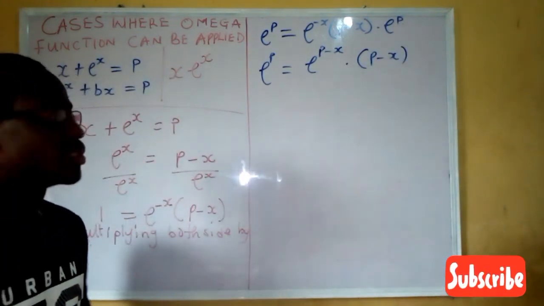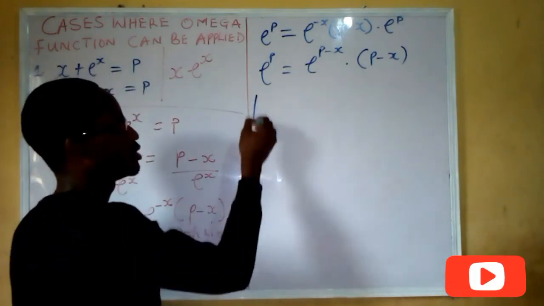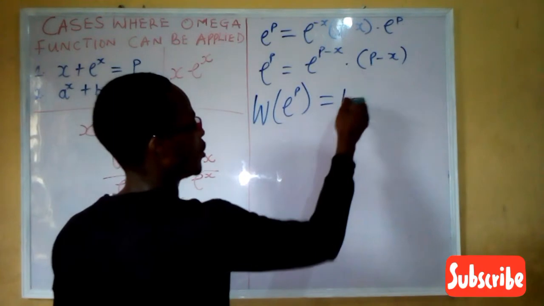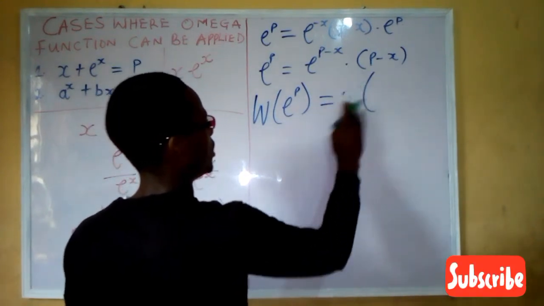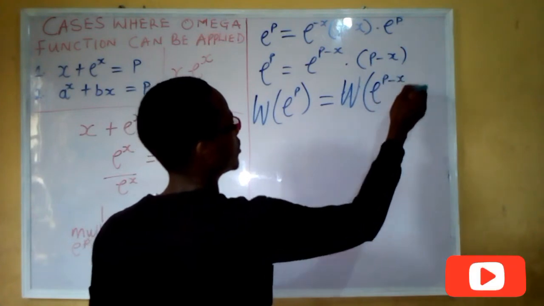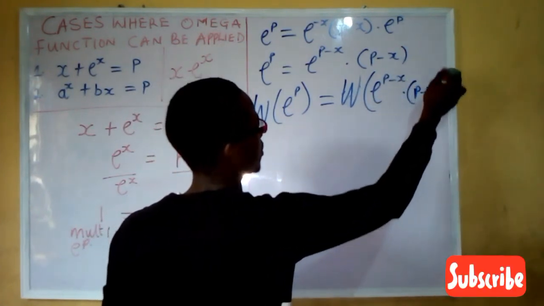With this, I can use the Lambert W function like we have always been doing. So taking the Lambert W function of this side and also of that side, I will have the W function of this multiplied by p minus x.